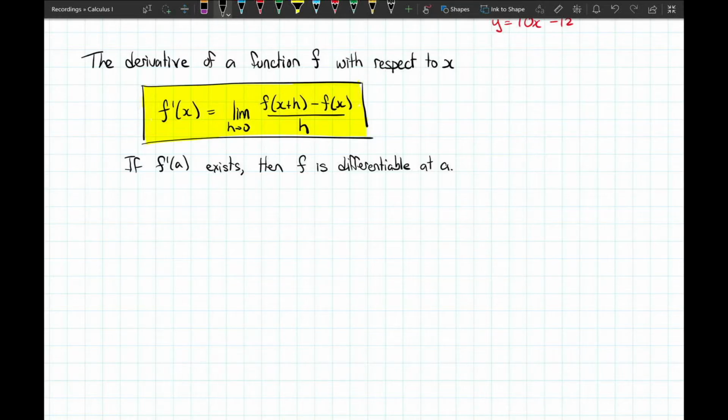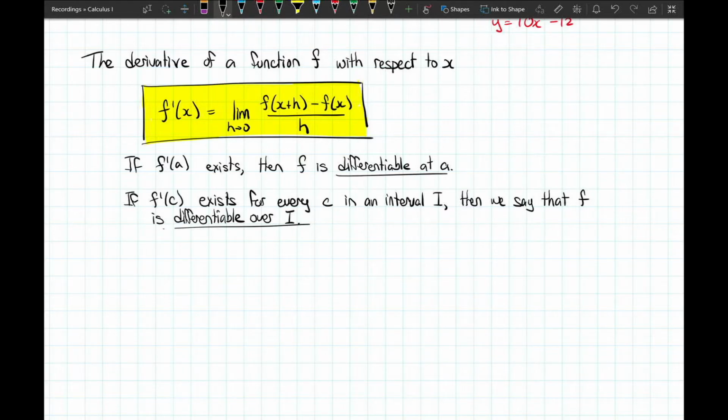There might be an entire interval of x values that for every one of the values in that interval, it would be differentiable, in which case we could say that the function f is differentiable over an entire interval. And so we've got a little definition for differentiable at a single number and a definition for differentiable over an interval. And now we can start talking about the derivative of a function at any single point on the x-axis.